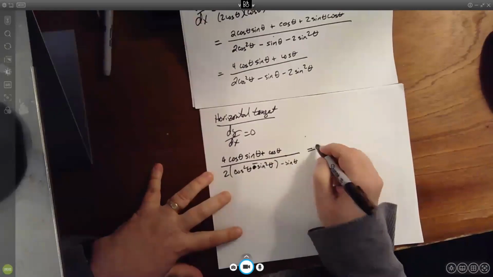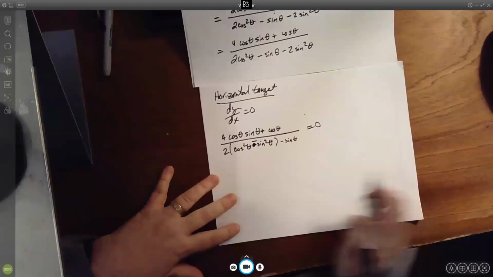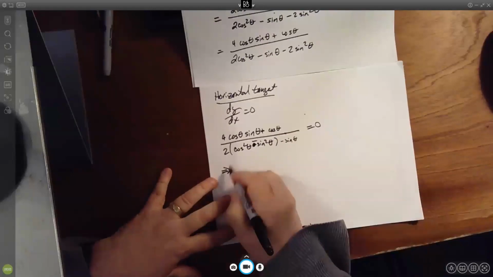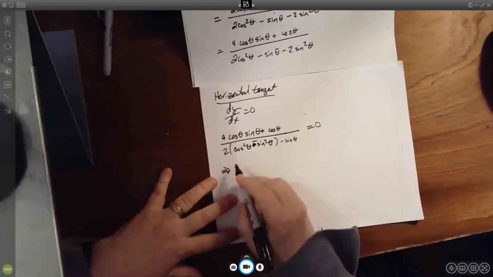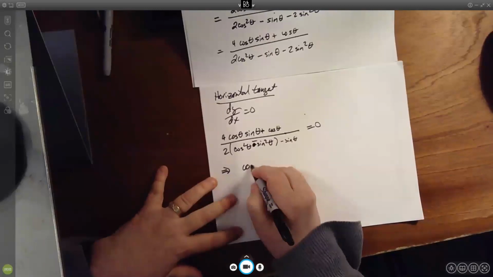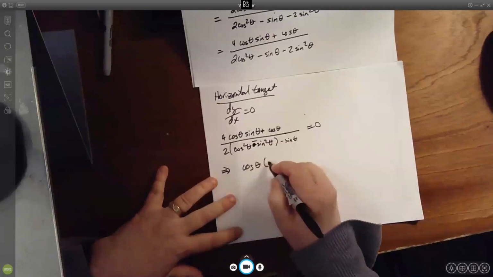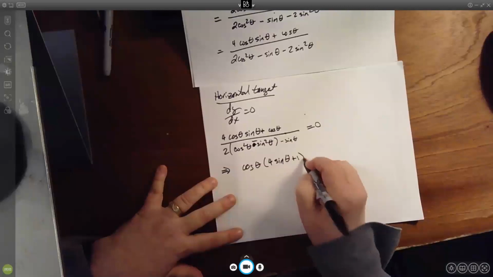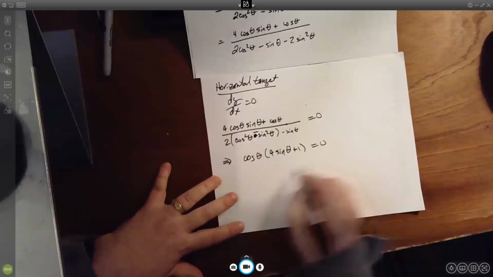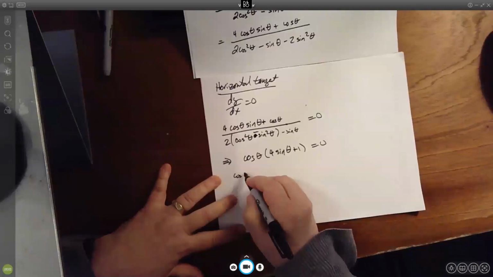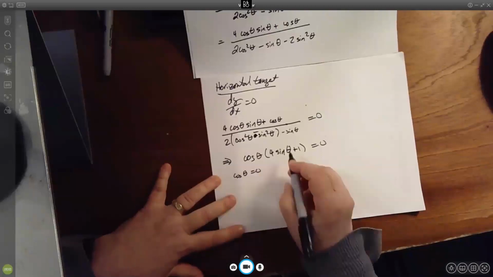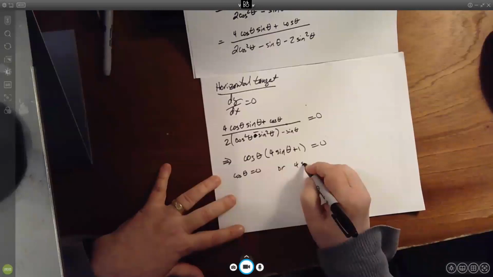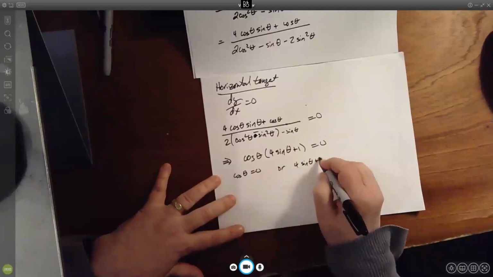A fraction equals 0 when the top equals 0. So I can go ahead and suck out a cosine here. Cosine of theta times 4 sine theta plus 1 equals 0. That equals 0. And cosine theta equals 0, or 4 sine theta plus 1 equals 0.